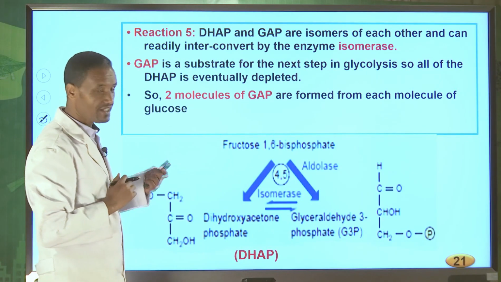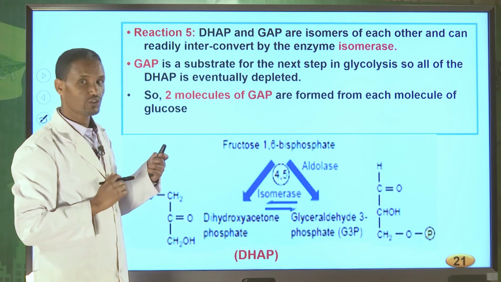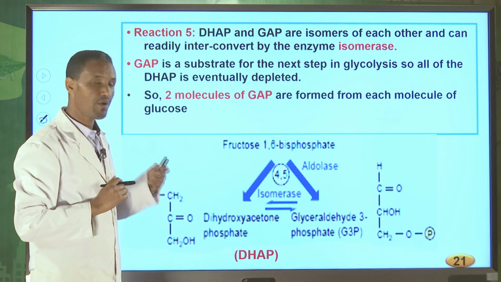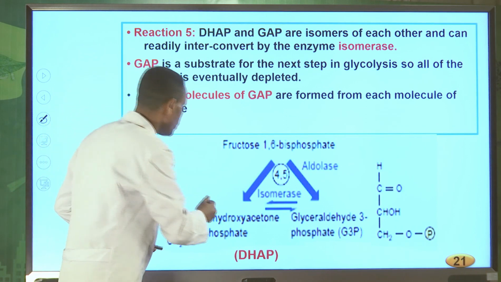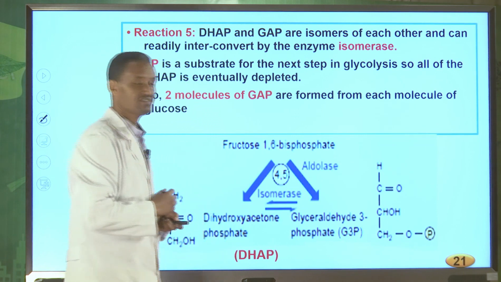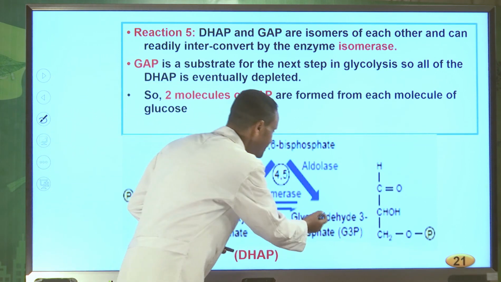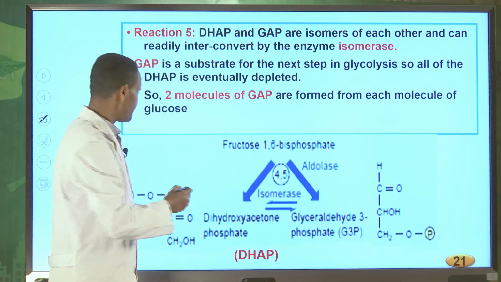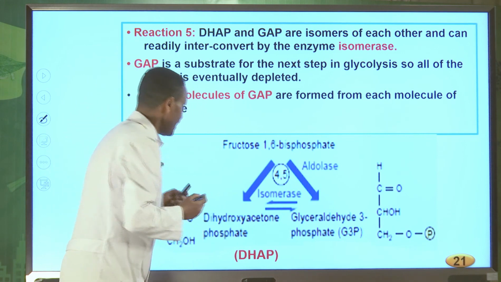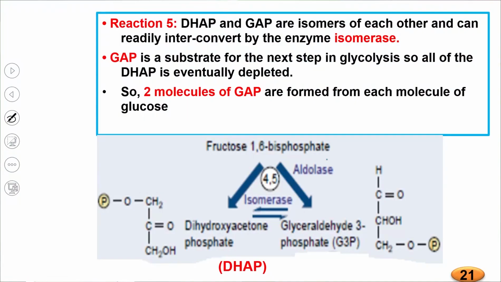Reaction 5. In reaction 4, 2 three-carbon compounds are formed, dihydroxyacetone phosphate and glyceraldehyde 3-phosphate. But dihydroxyacetone phosphate is not important for the process of cellular respiration.